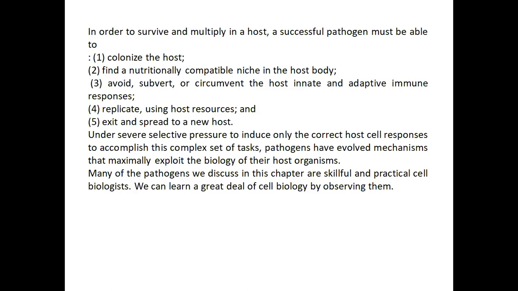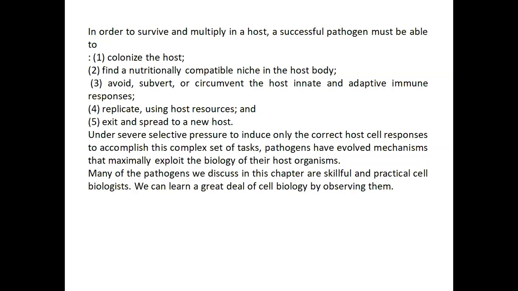So, what should be the characteristics of a plant pathogen which can be classified as a successful pathogen?